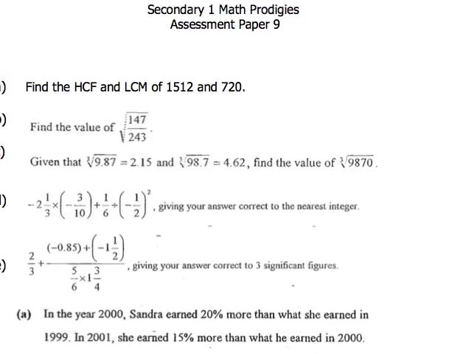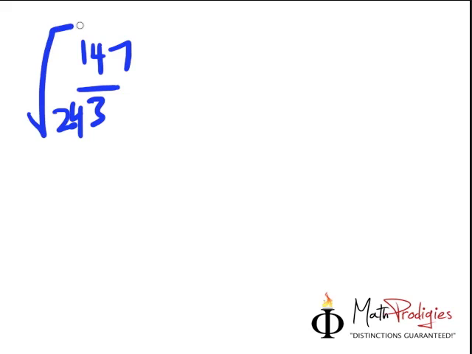Part B of the question is find the value of square root 147 over 243. Okay, now how do we do this? It's very impossible to do it if we just square root both.